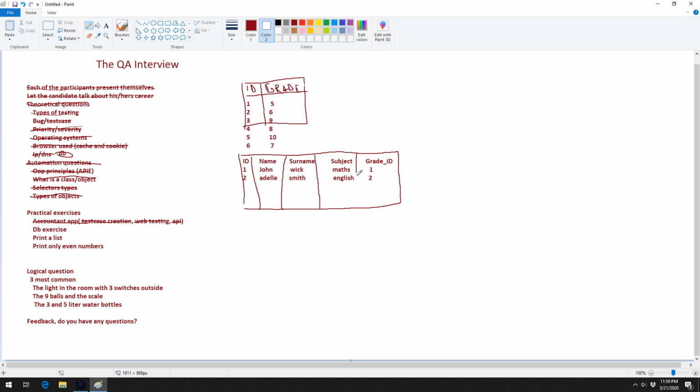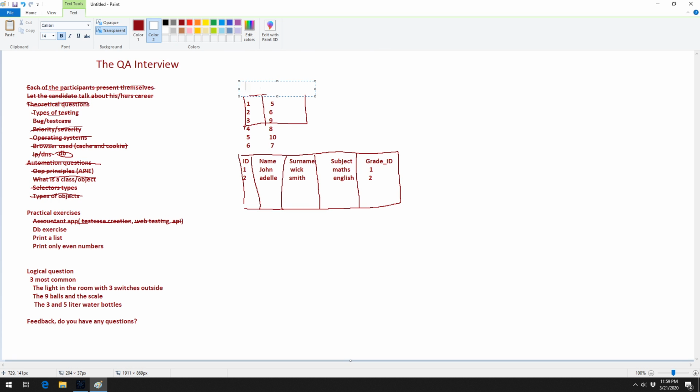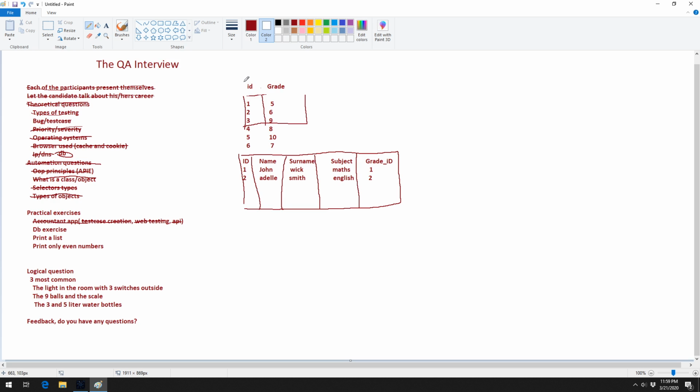Usually I have some templates and I just present them to the candidate so it's much easier for him to see. Let me just do this here, it's gonna be easier for you to see. Just wait. And grade. Okay, just 1 second.